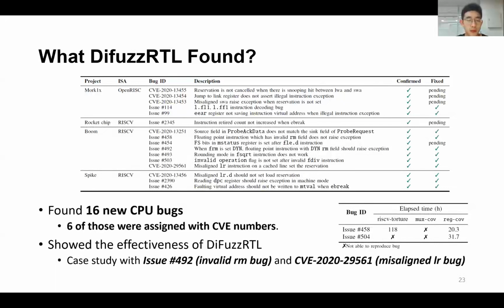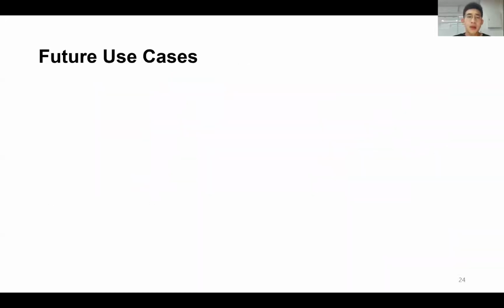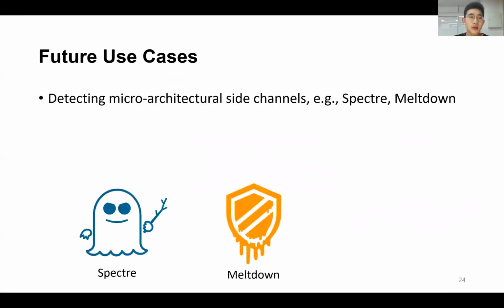We also demonstrated the effectiveness of DIFUZZRTL by conducting a case study with newly found bugs, as shown in the second table. For more details, please check my paper. As a future use case, we think the idea behind register coverage can also be used to detect microarchitectural side channels.